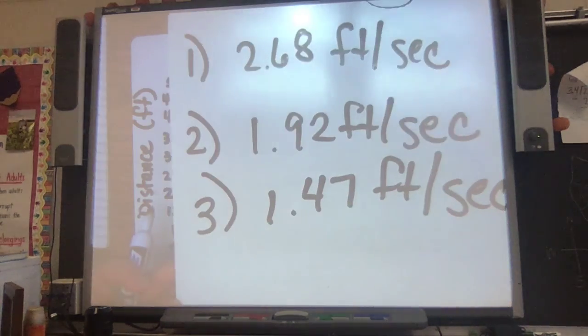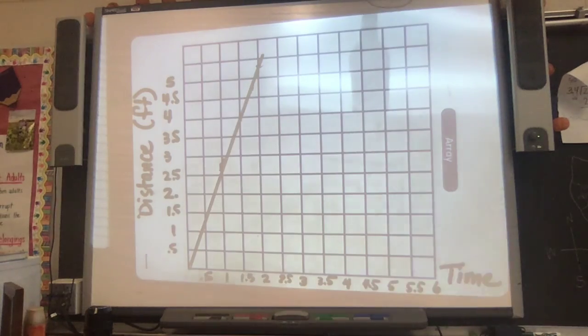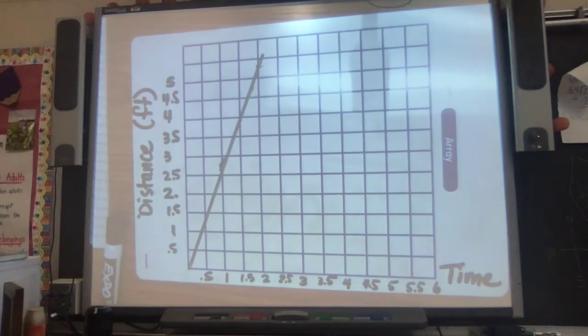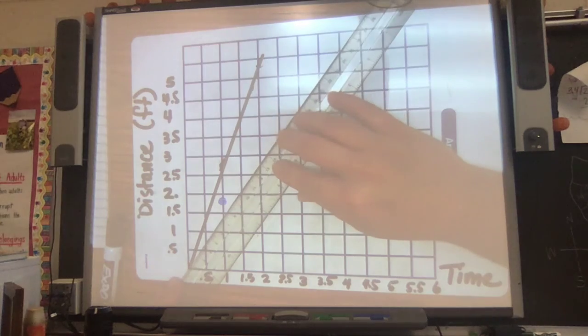Now let's take a look at our second car. We're going to graph it on the same graph because we're going to look at each of them. All right, and I'm going to graph the next one in a different color. I'm going to use blue. All right, our car number 2 went 1.92 feet per second. Well, that's almost 2. So in 1 second, that one went that far.